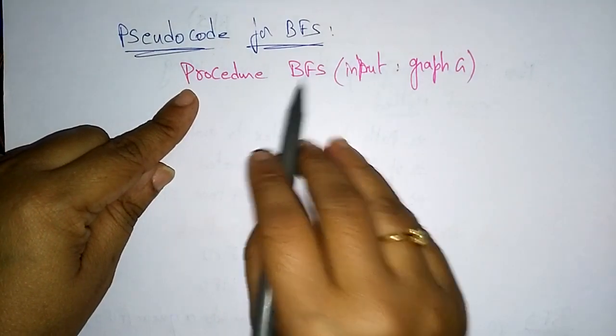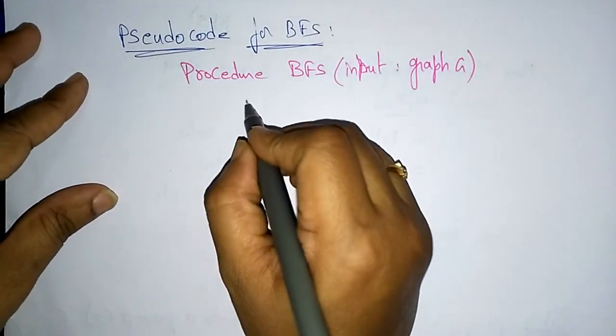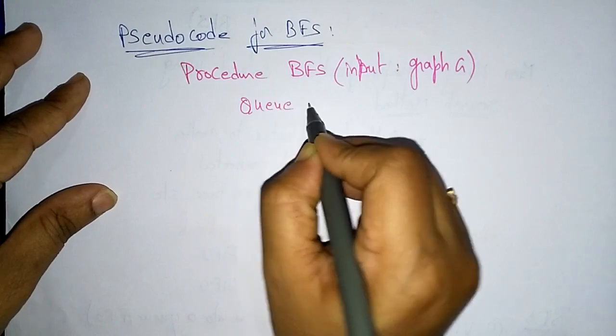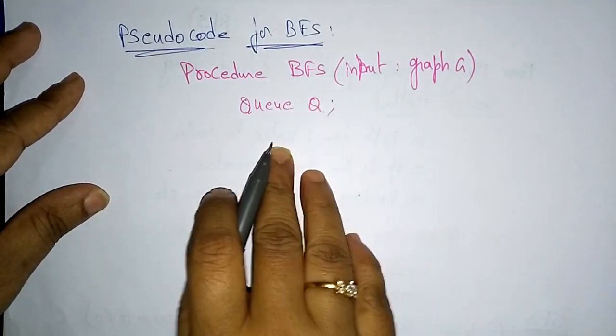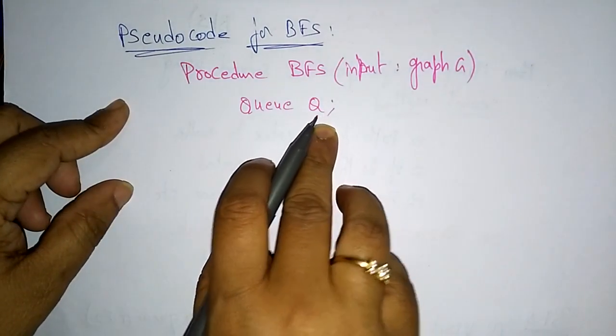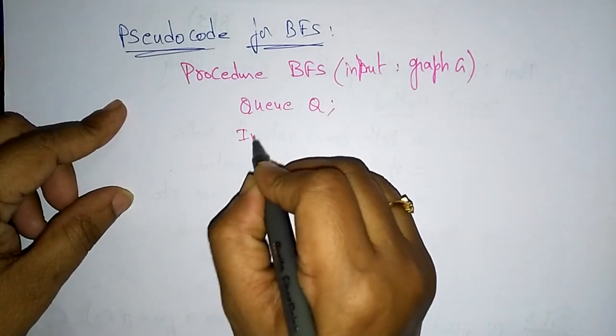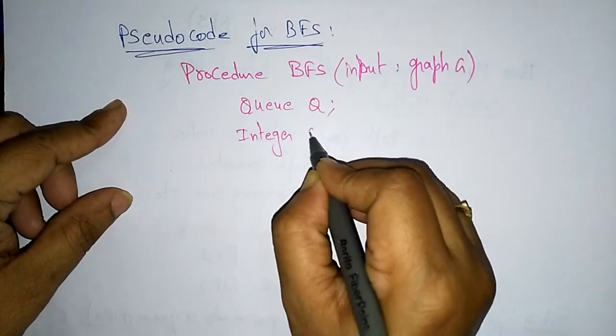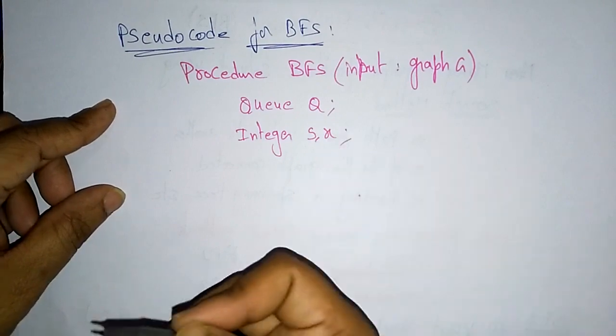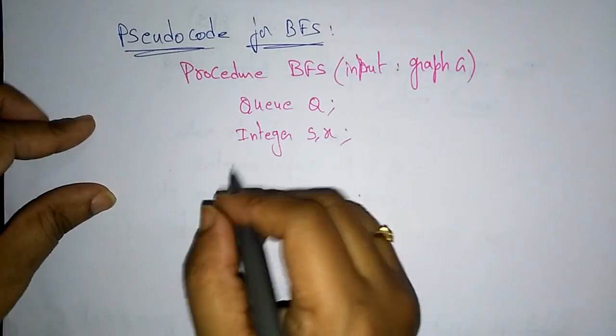The input for the breadth first search is just a graph G, and we have to find every vertex by using the search algorithm. You take a queue Q to insert the vertices. Next, let us take two integers, s and x.